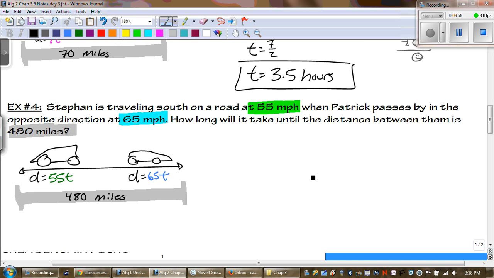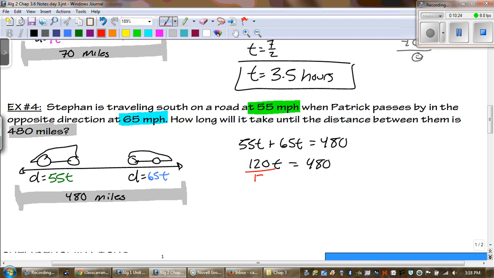Okay, so just like the last one, we take the speed of Stefan and the speed of Patrick, and I want to know together when it's 480. Okay? So when you add 55 and 65 together, you get 120t equals 480.